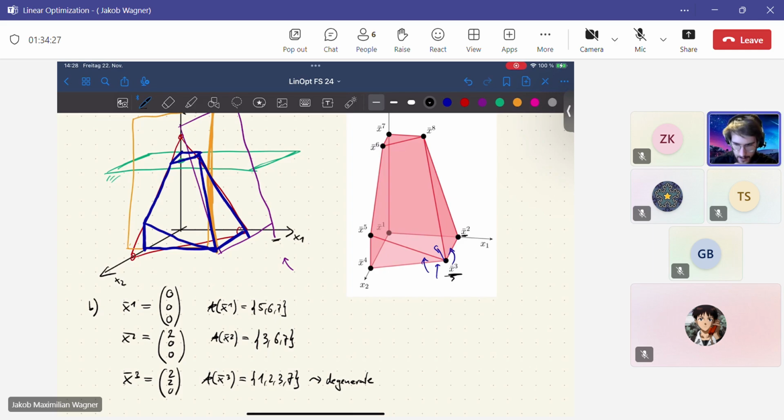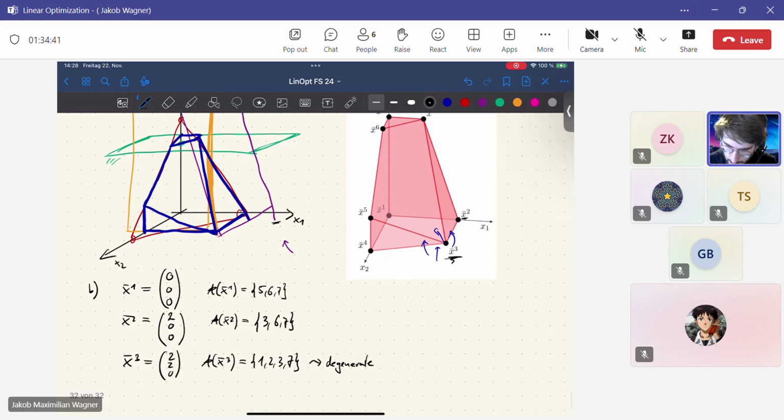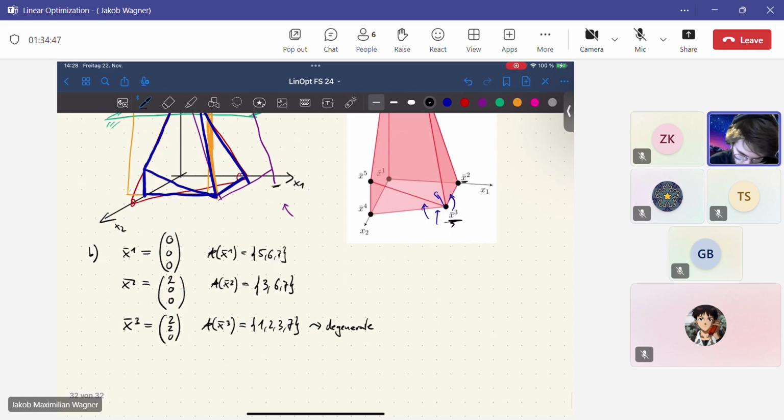In the algorithm, these degenerate vertices will become a little problematic because there the description of the normal cone becomes a little bit more complicated. But we'll also see how we can deal with those vertices in the algorithmic sense. And so to conclude the list, we have x4 bar, which is equal to 0, 3, 0.